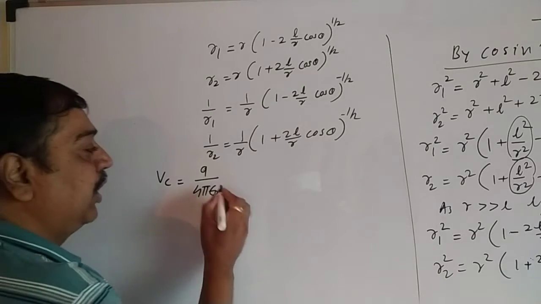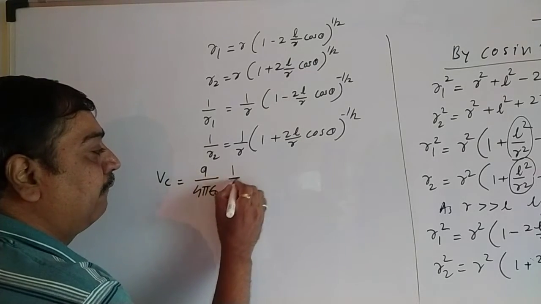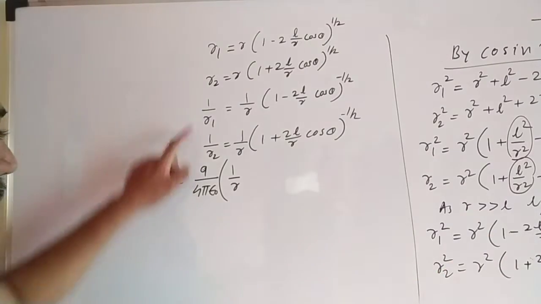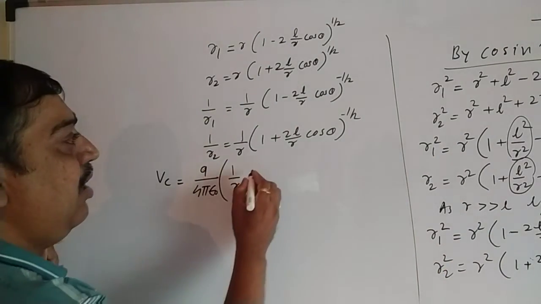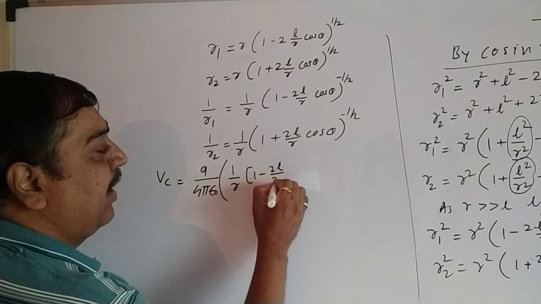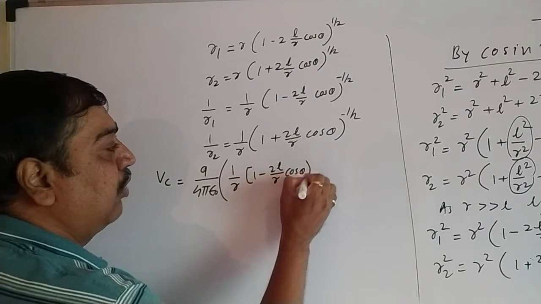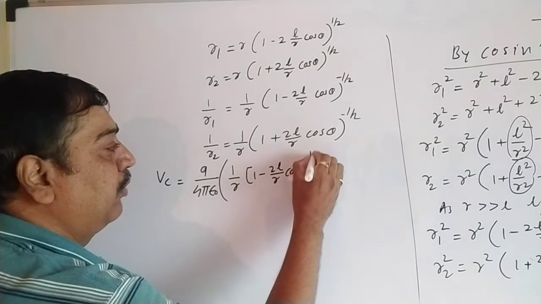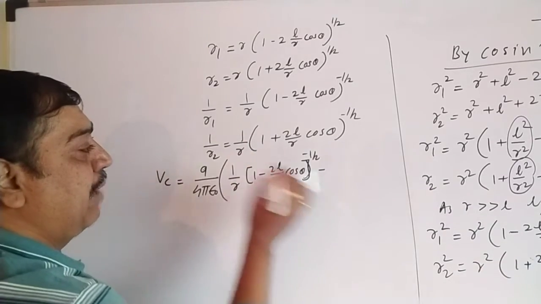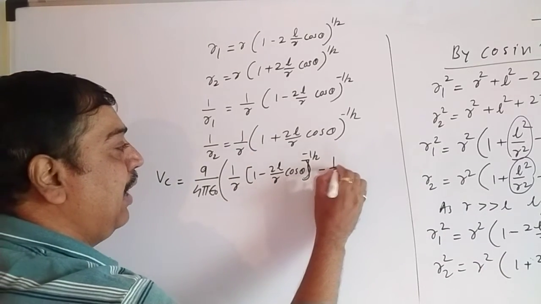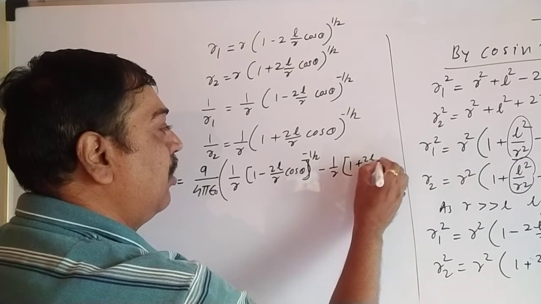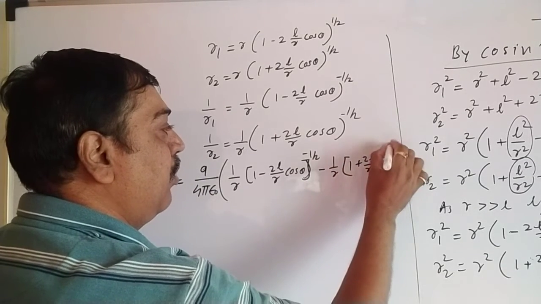So into 1 by R in the bracket, 1 by R1 minus 1 by R2. 1 by R1 is this: 1 by R in the bracket 1 minus 2L divided by R cos theta to the power minus 1 by 2, minus 1 by R2, which is again 1 by R in the bracket 1 plus 2L by R cos theta to the power minus 1 by 2.